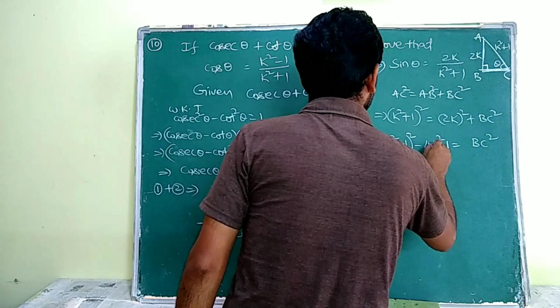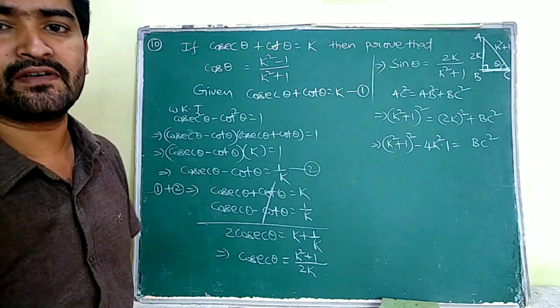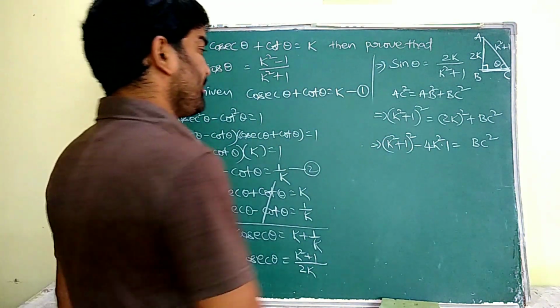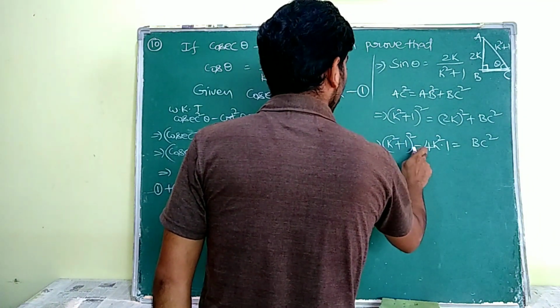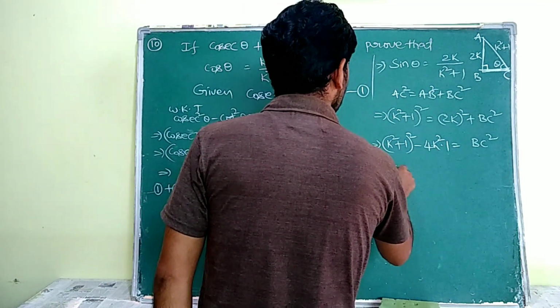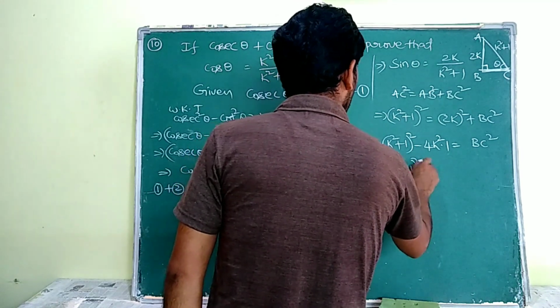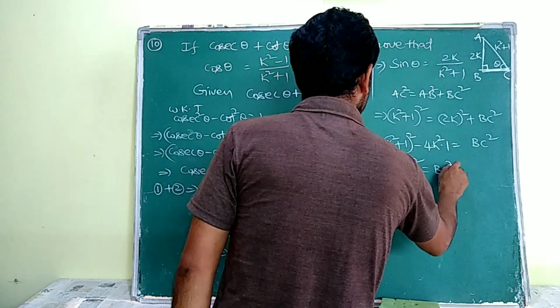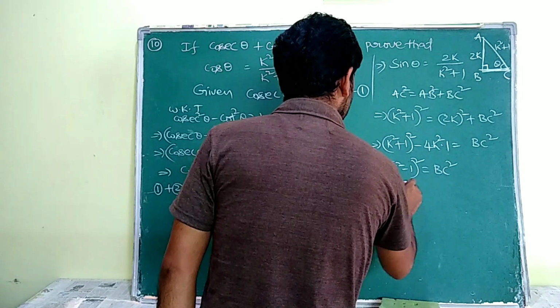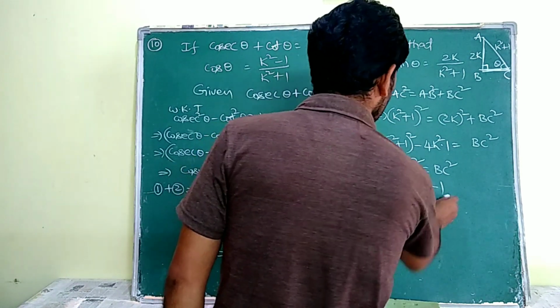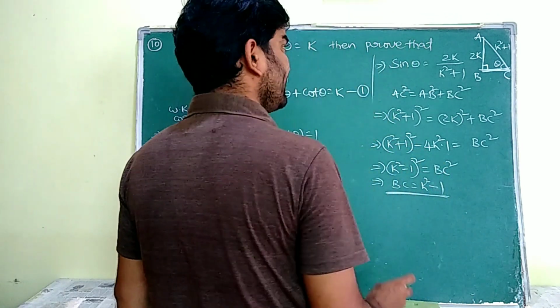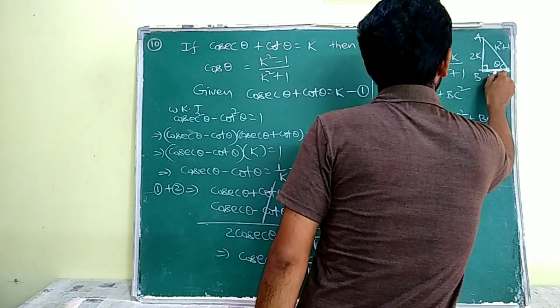If you write this 4k square as 4 into k square into 1, then it is like a formula, that is a plus b whole square minus 4 into a into b. That is a minus b whole square. By this it is BC square. That implies BC is equal to k square minus 1.